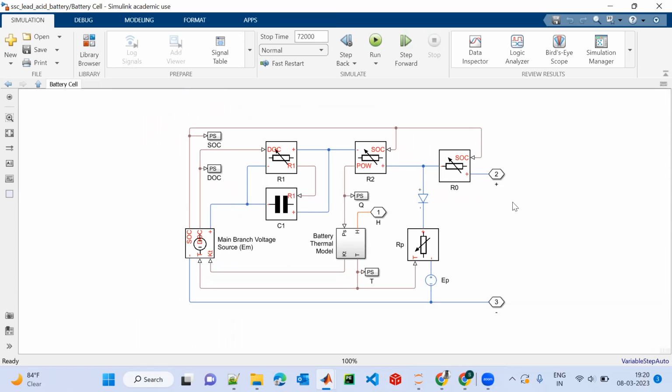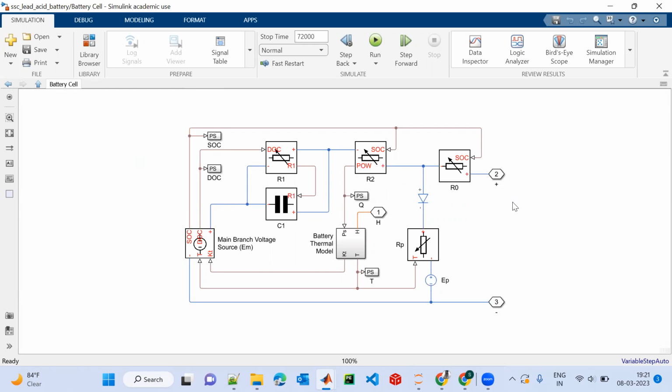So basically the structure does not model the internal chemistry of the lead acid battery directly. The equivalent circuit empirically approximates the behavior seen at the battery terminals.